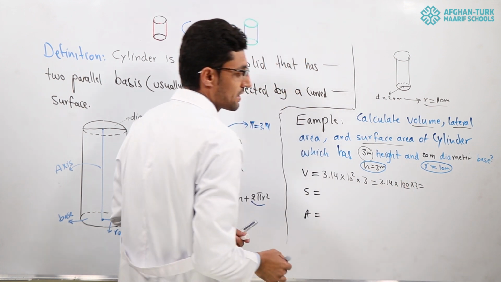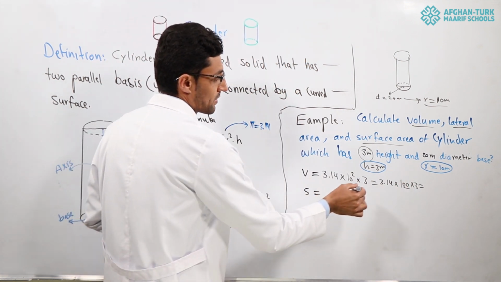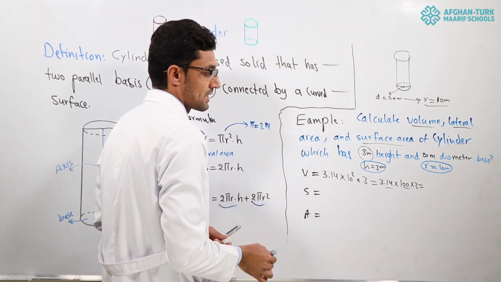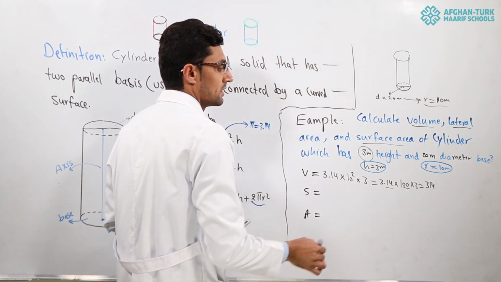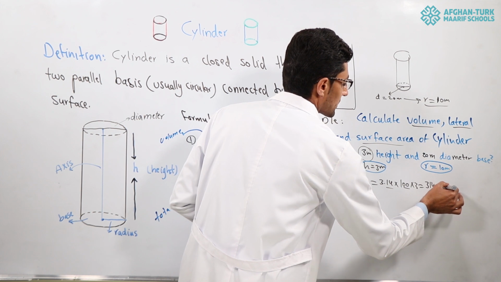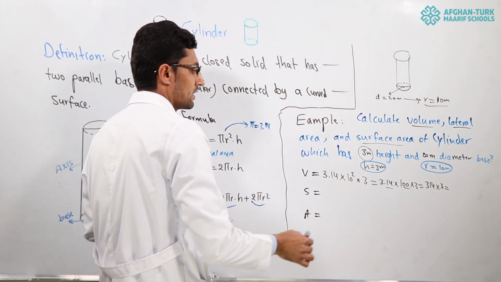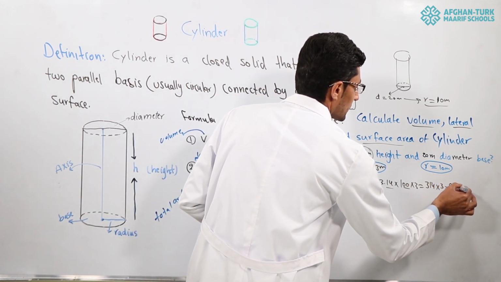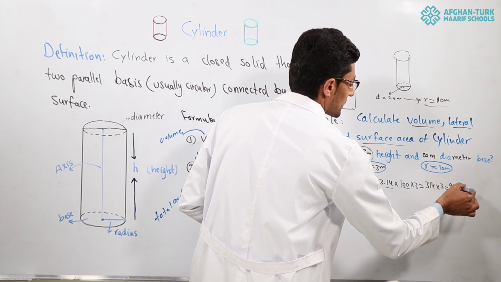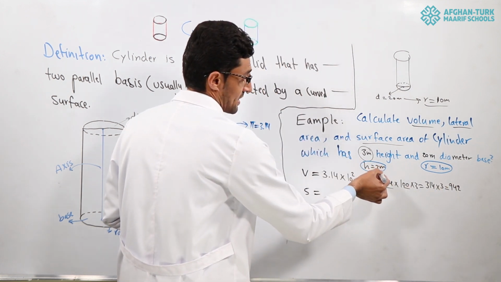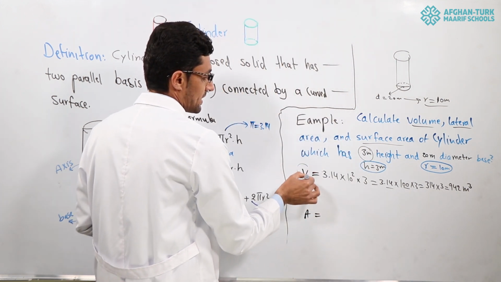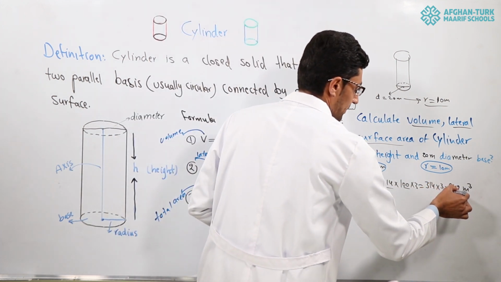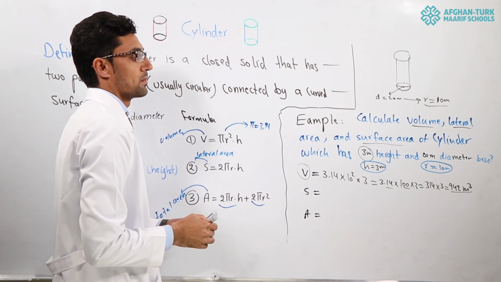You can cancel these two zeros with 2 decimal digits, and you will have 314 multiplied by 3. The answer is 942 meter cube. Remember that the unit of V is meter cube.